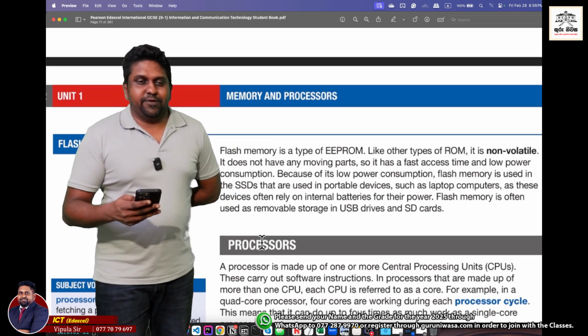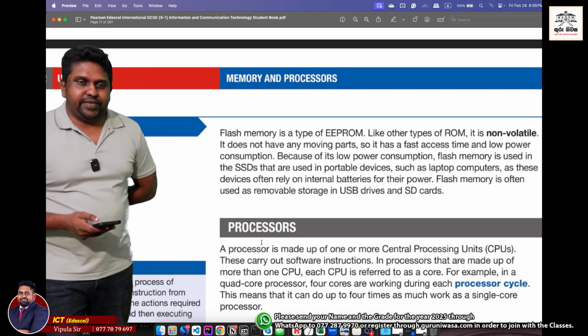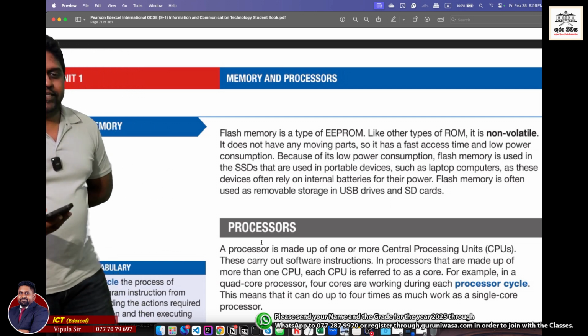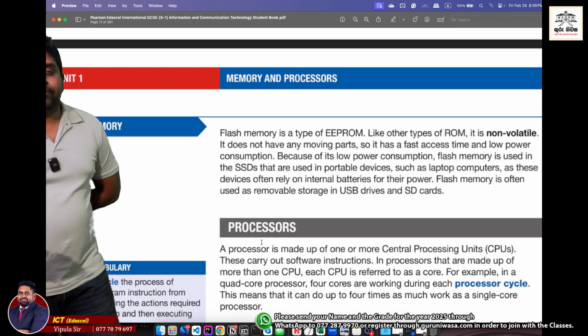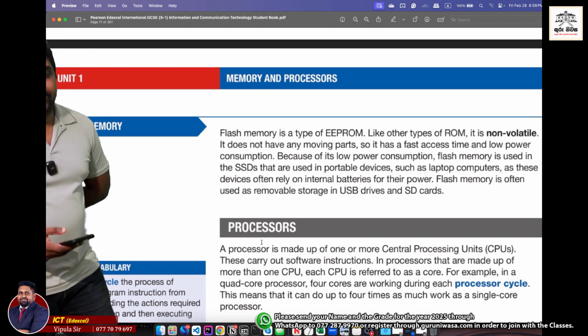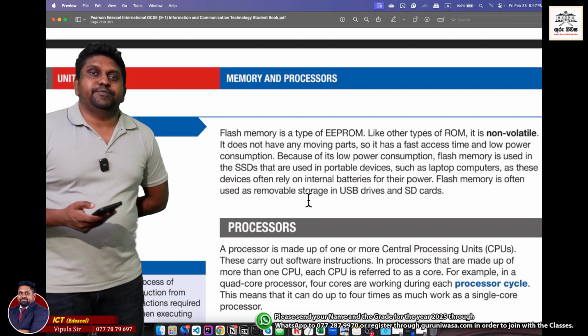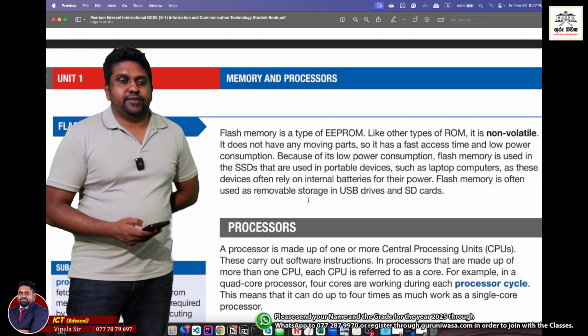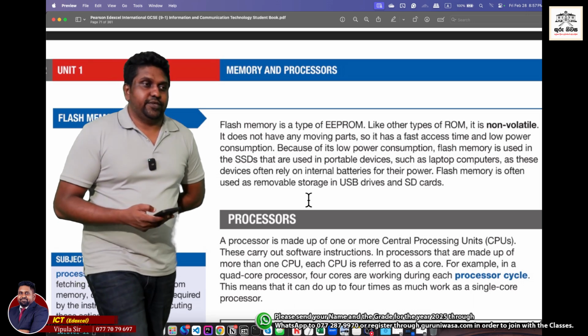Flash memory works in the same way as an electronically erasable programmable ROM, same as an EEPROM, where it stores a certain set of data on the drive itself. So we call them drives.